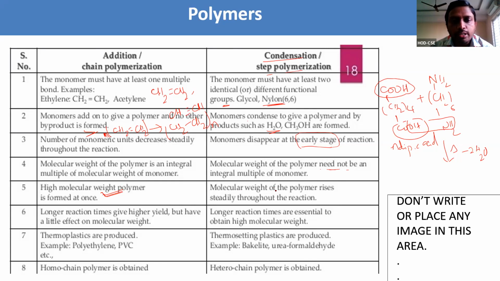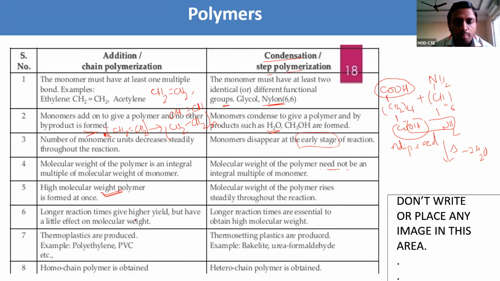Here, the molecular weight of the polymer rises steadily throughout the reaction. In chain polymerization, a longer reaction time gives a higher yield of the product but has little effect on the molecular weight.